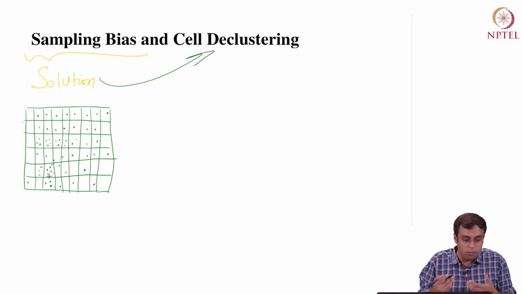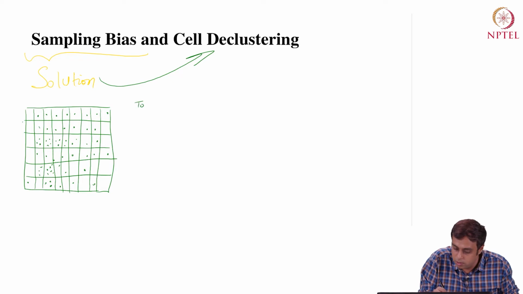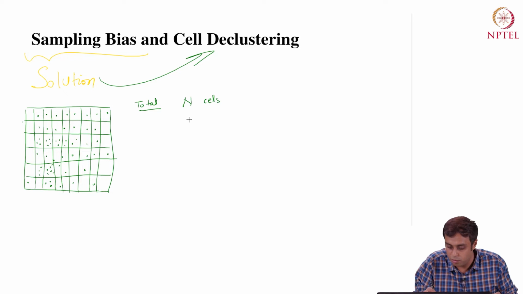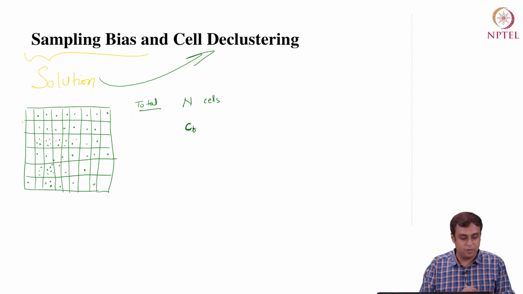Okay, so we have divided this area into a grid. That is great. So we have, let's say, a total of capital N cells. Okay, and the number of data points that are observed in each of these cells can be denoted by a letter C, C observed.